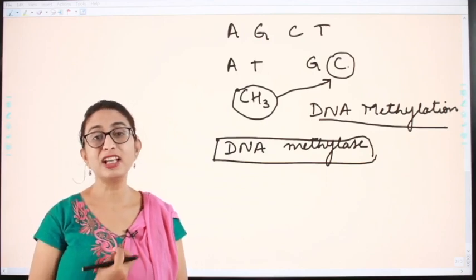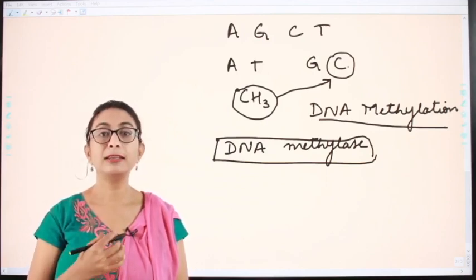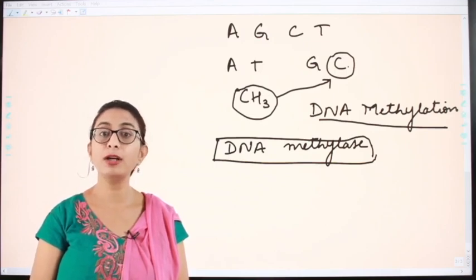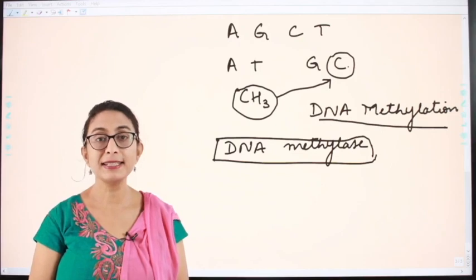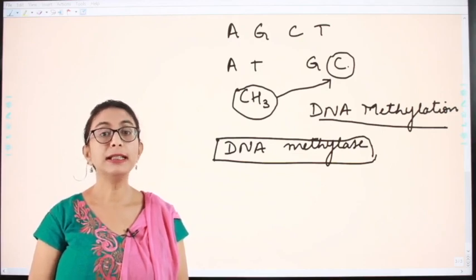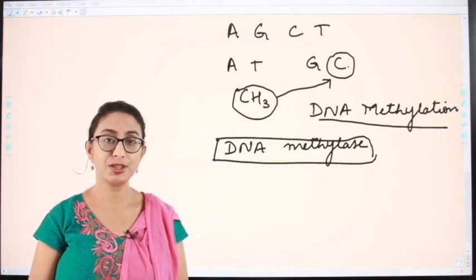And why is there a difference in the age of onset when the gene expresses, depending on the parent from whom the gene is inherited? That is because of the process called DNA methylation.